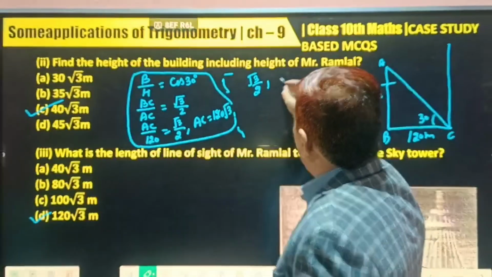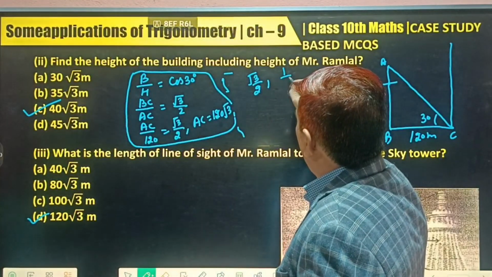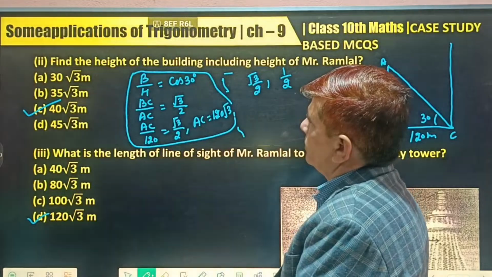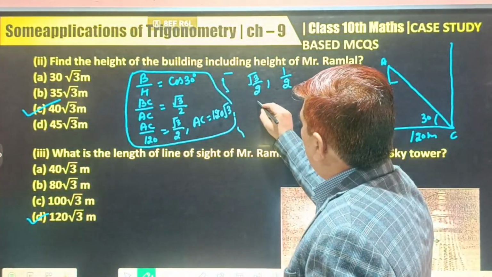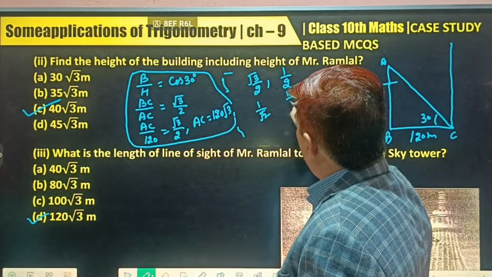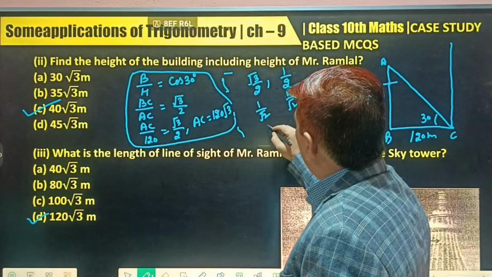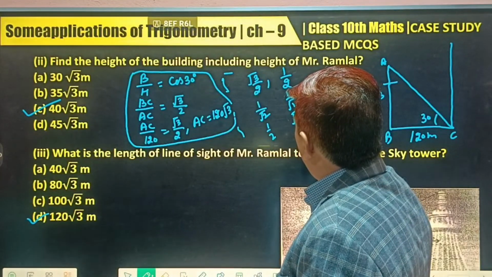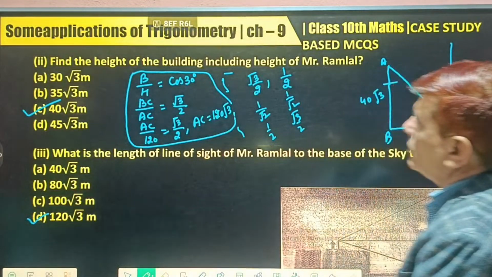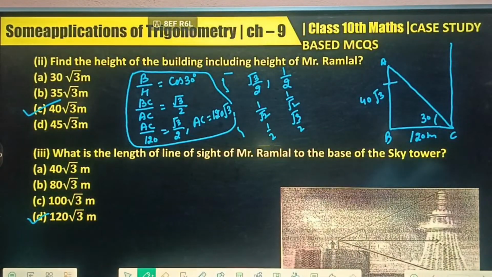Sine 30 is 1 by 2. For 45, it is 1 by root 2, and cos 45 is also 1 by root 2. So sine 30 becomes 1 by 2 and cos 30 becomes root 3 by 2. So base by hypotenuse, BC by AC. So the reciprocal is written, so 120.